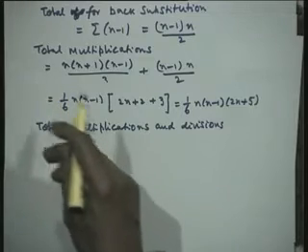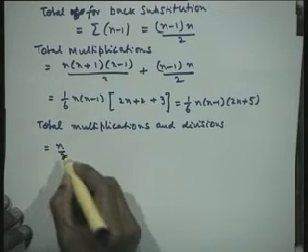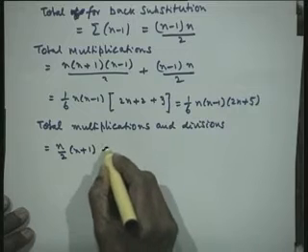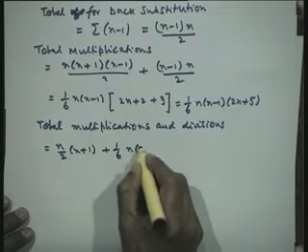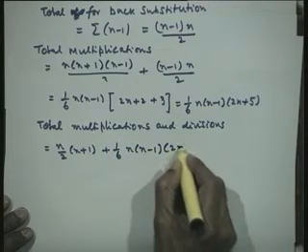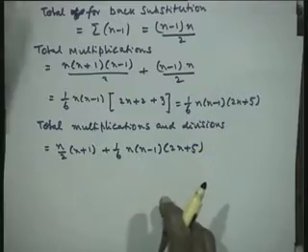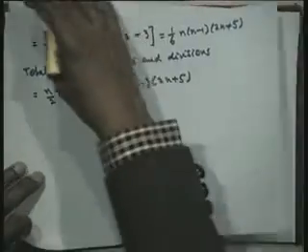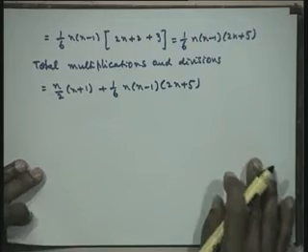We have n into n plus 1 by 2 plus 1 by 6 n into n minus 1 into 2n plus 5. So, this is our total multiplications and divisions.